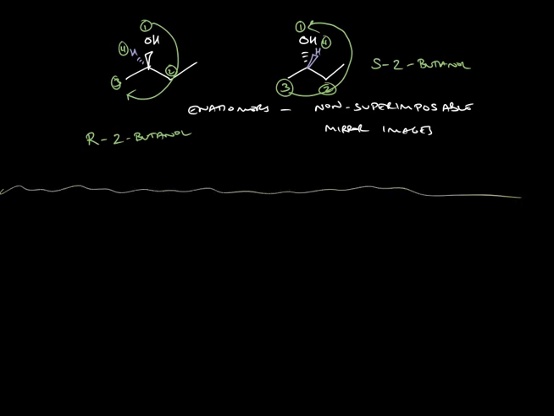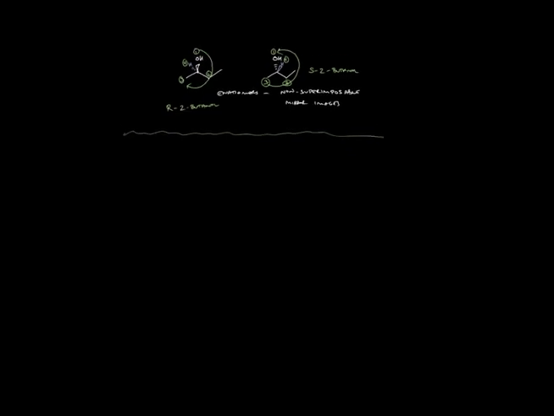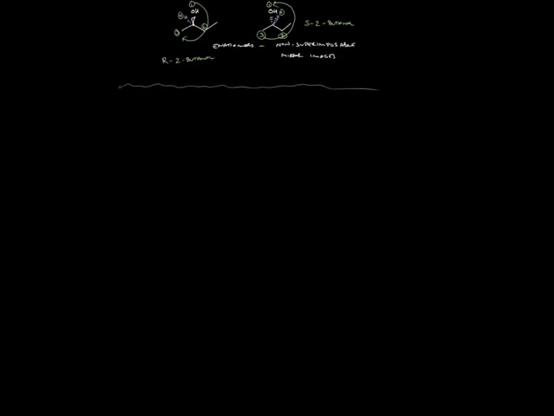What if we have 2 chiral carbons? Well, if we have 2 chiral carbons, then they still need to be non-superimposable mirror images. So for instance, if you have this molecule right here, it does have 2 chiral carbons.